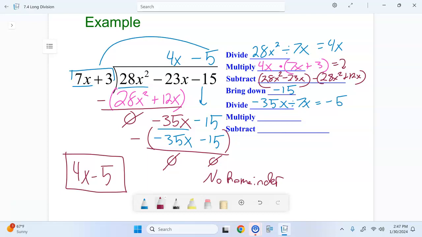So it's the multiply. We did negative 5 times 7x plus 3, and then we subtracted. Those last 2 steps.